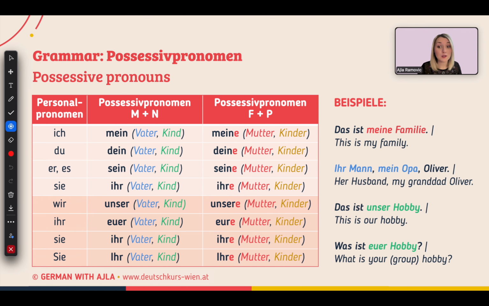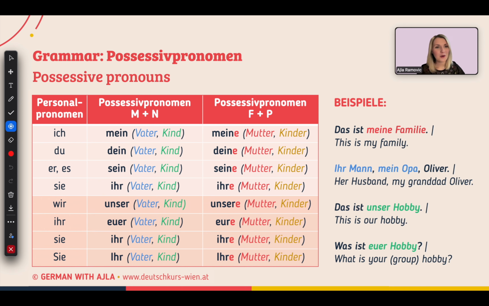If you are using this possessive pronoun before a masculine and neutral noun, you will not need the ending e. But if you are using it before a feminine noun or a noun in plural, you will need the ending e. Sein und seine.